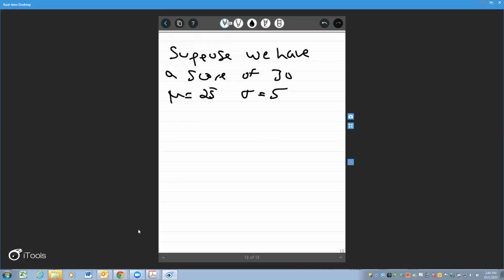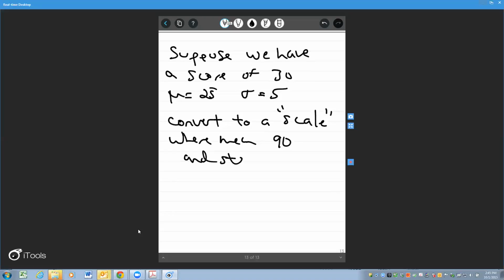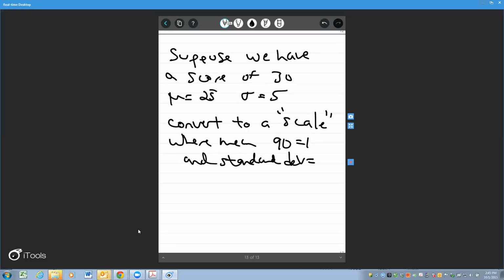We want to convert that to a scale where the mean is 90 and the standard deviation is, so this is mu, and sigma equals 10.